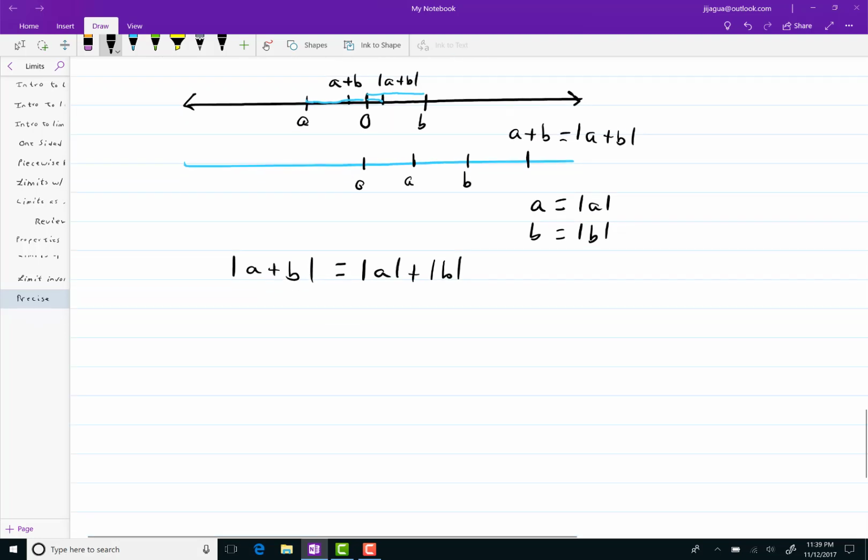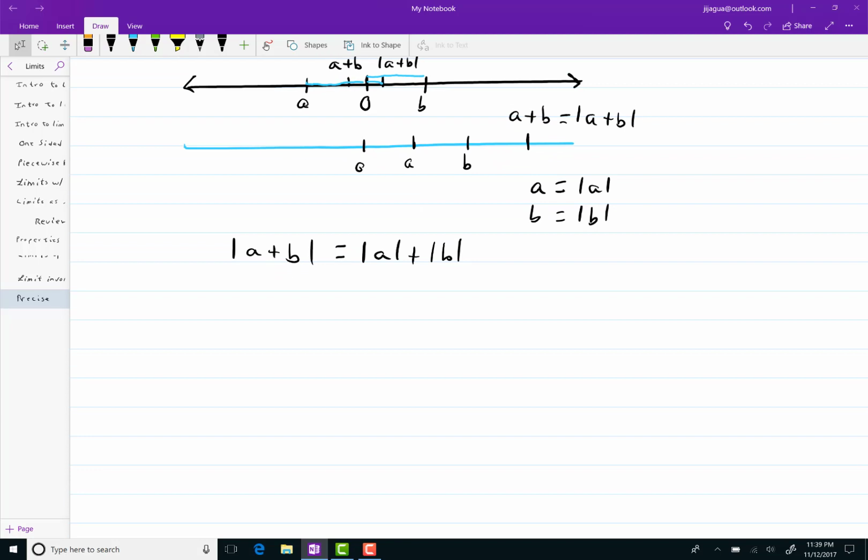And you might be able to see if I do it for, say, a and b negative numbers this time. Let's put 0. It's always referencing 0 because we're talking about the distance from these numbers to 0. Now, the absolute value of a is this same distance here. That's the absolute value of a.